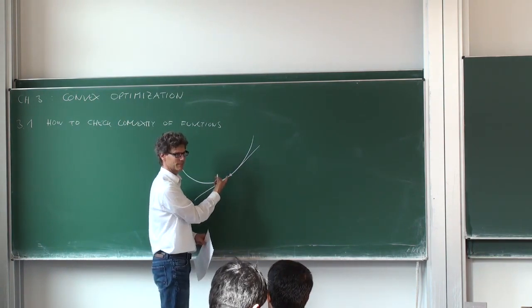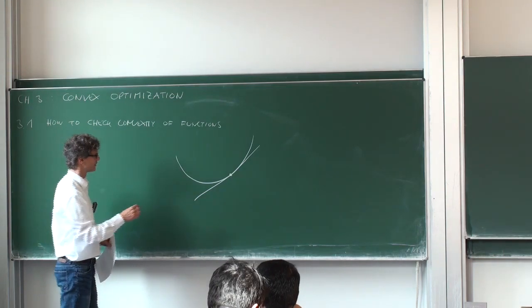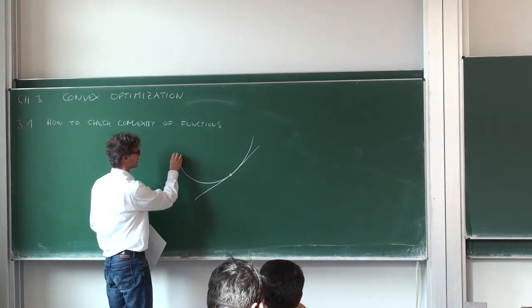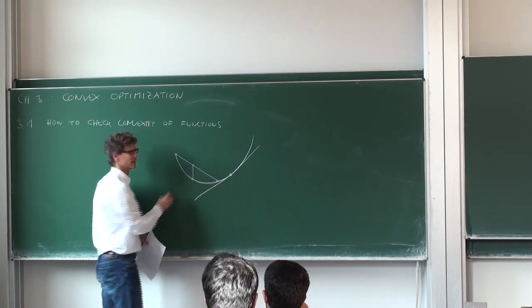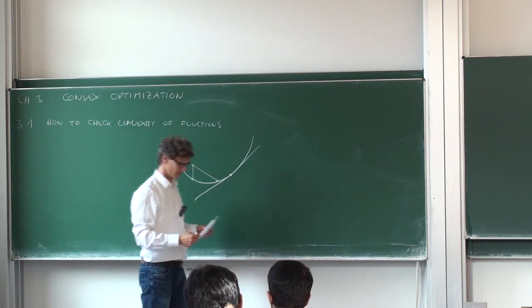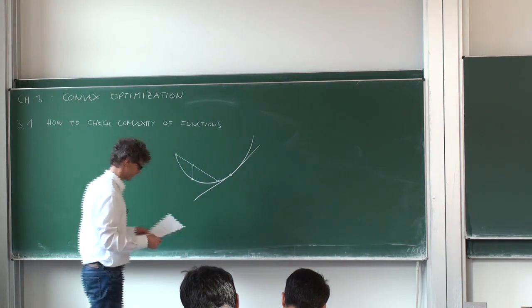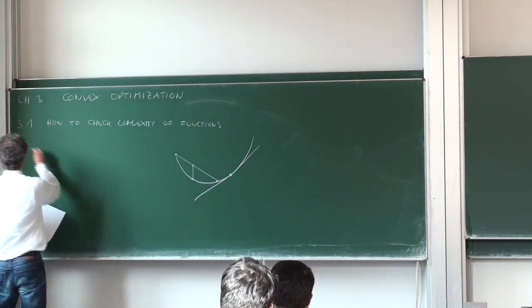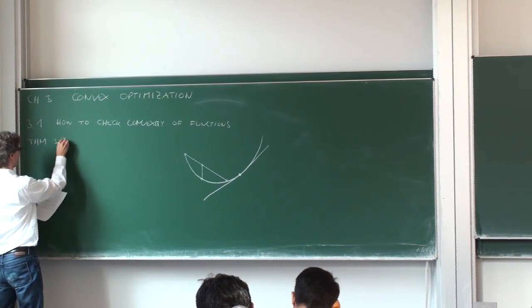Yeah? So it's a bit funny, because you remember the definition of convexity was that a secant would be above the graph, but now a tangent would be below the graph. That's what we will now prove. And that's actually equivalent to convexity if you have a C1 function. So the theorem says, we call it theorem 3.1.